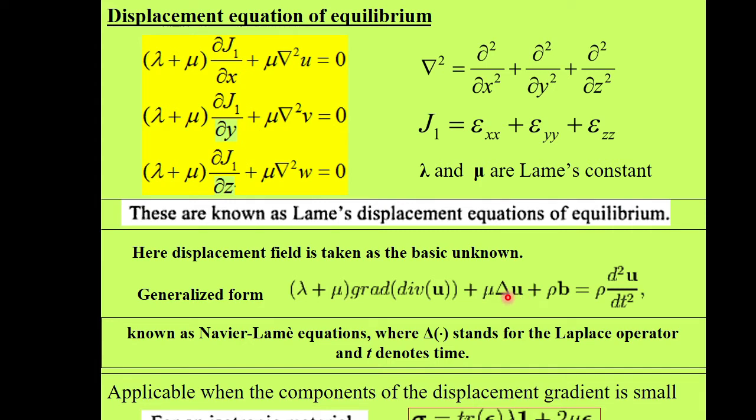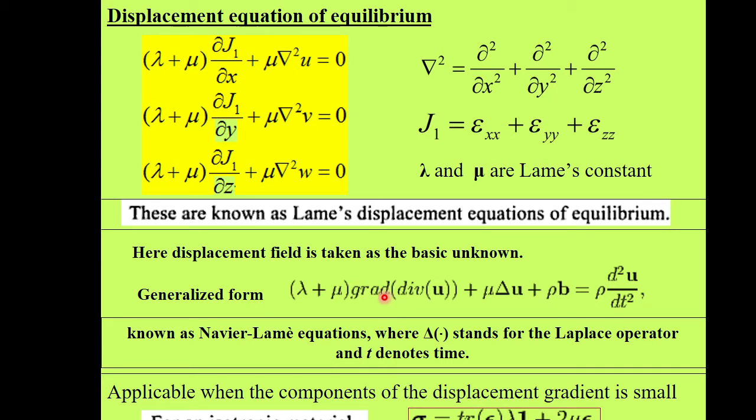Oh, this should be grad square, right? Divergence of u means del u by del x plus del u by del y plus del u by del z. Divergence of u.